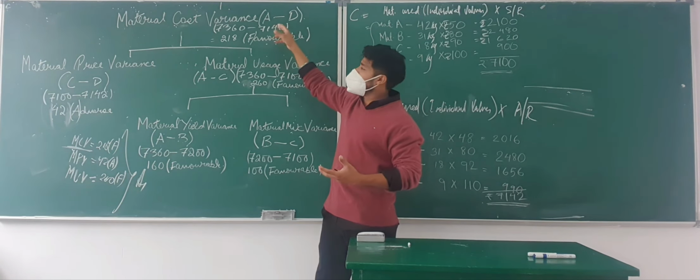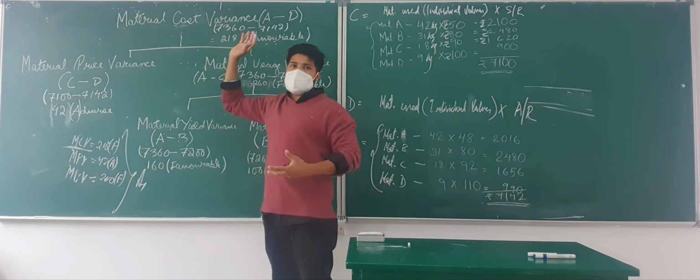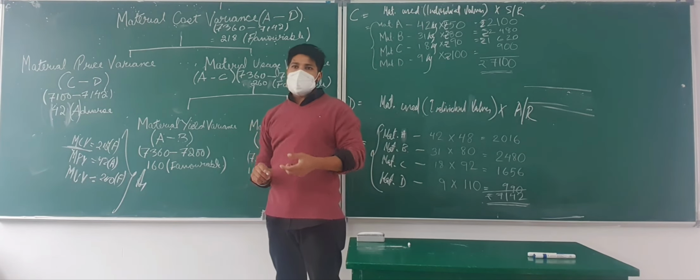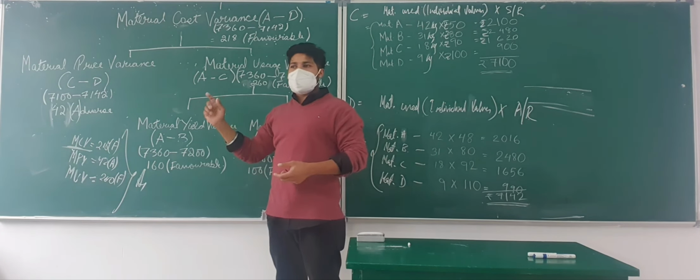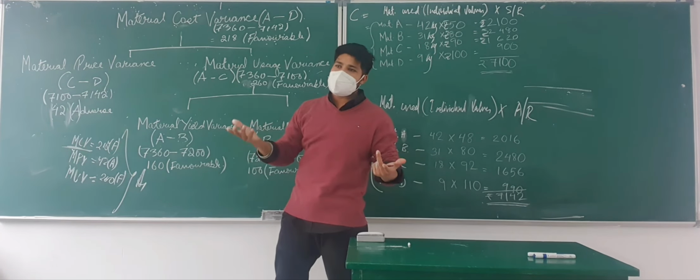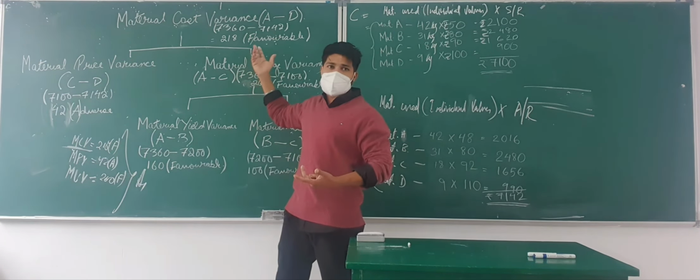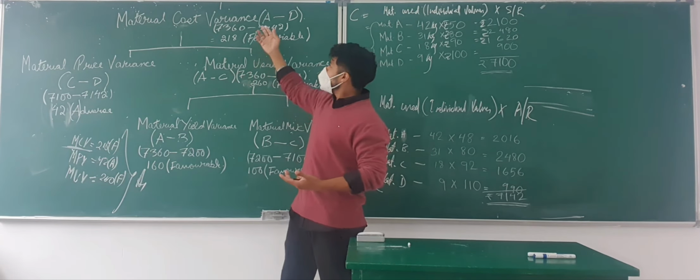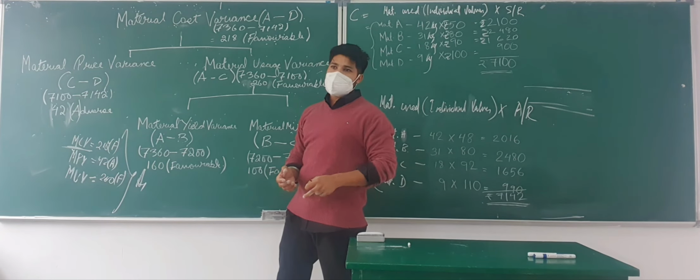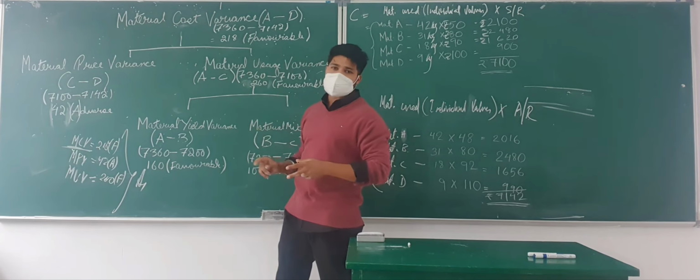This whole lot from the formula will come and you get exactly same marks as another person writing theory. Is it okay? You just have to write the formula because this is what is required. How do you calculate material cost variance? So what is material cost variance? It is the difference between these two things. What are these two things? You will be writing the formula also. Nobody will cut marks from it because you are writing the formula, the concept also.